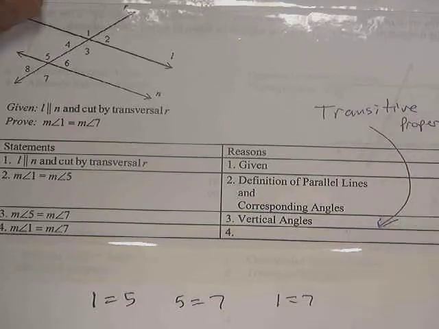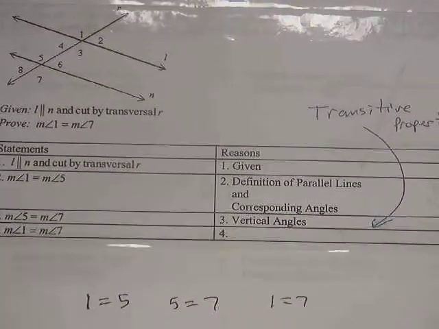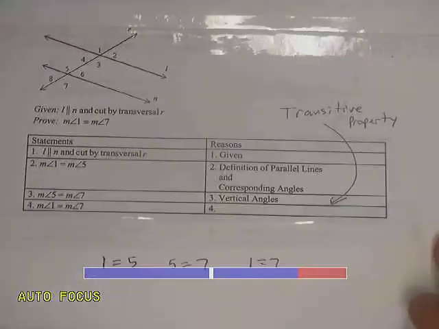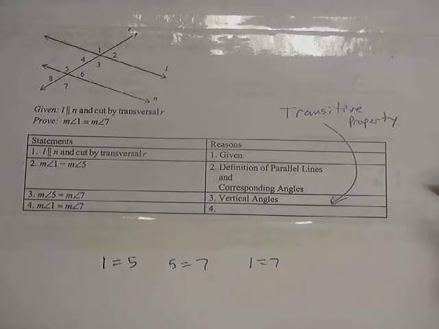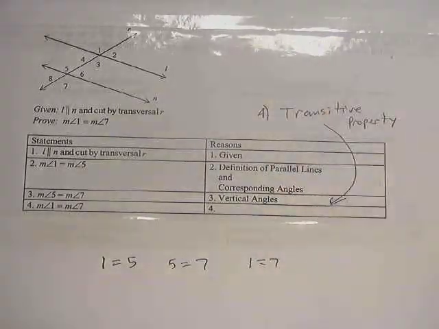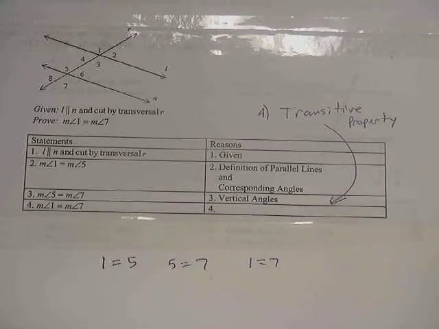If you said transitive property, you would be correct. So I'll put a little arrow here. This is transitive property. Oops. Zoom out a little bit. That is transitive property for number 4.